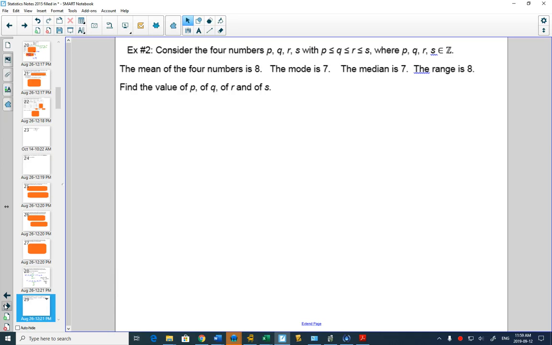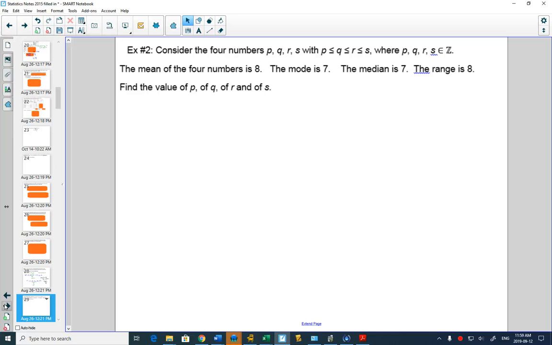So here's your problem solving, and I want you to look at examples 2, 3, 4, and 5 for next class. Have them ready. We'll just quickly start class by going over them, but they get into a little bit more problem solving. We've got 4 numbers, P, Q, R, and S. The average of them is 8. The mode is 7.